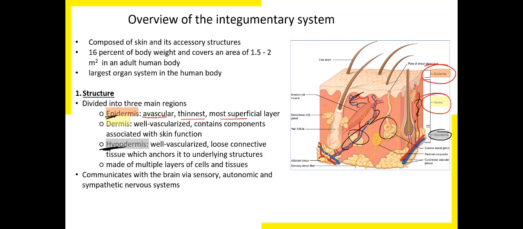You can see here the hypodermis also has a lot of blood vessels and fat cells, adipose tissue, and a lot of different underlying structures, and is involved with the nervous system function of the skin. The skin overall, or the integumentary system, communicates with the brain via sensory, autonomic, and sympathetic nervous systems.